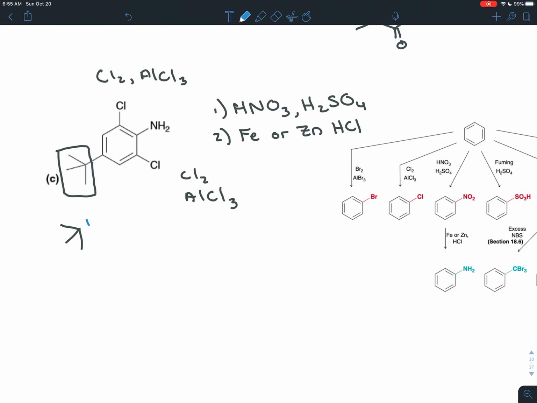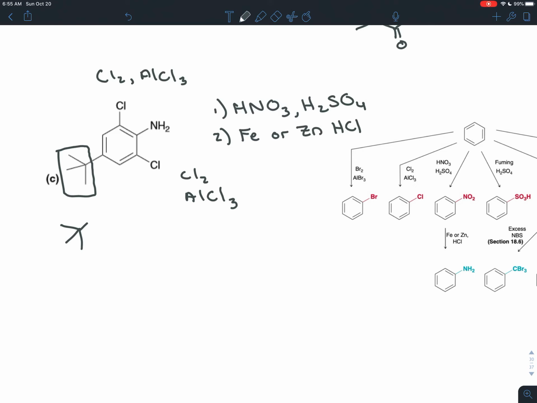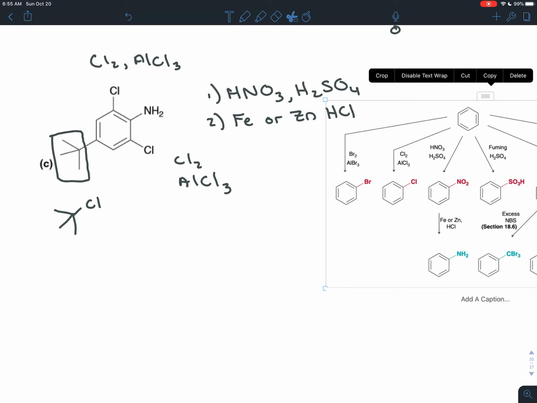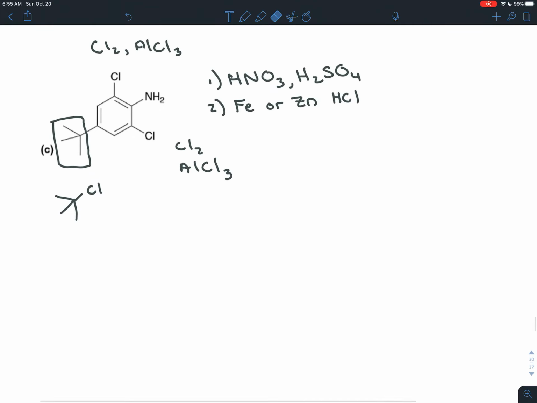And so that carbocation would not rearrange, so we can do the Friedel-Crafts alkylation. So those are the recipes we're going to use. Now we just have to think about the order to use them in.